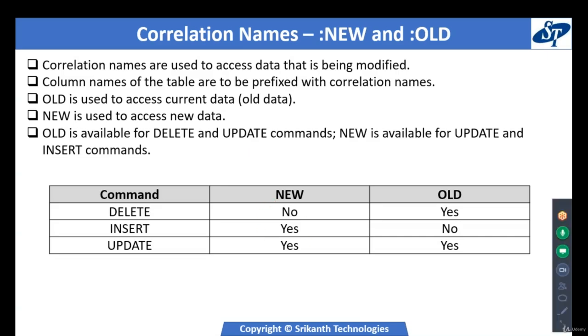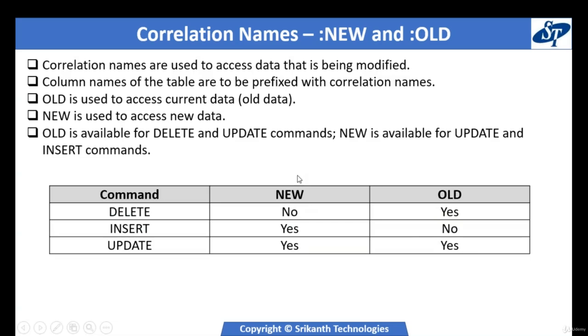New is not available if you are dealing with delete, because while you're deleting, there is no new data. Similarly, when you're inserting a new row, there is no old data. That means only for update, we have both new and old, because we have the old data and we have the new data, which is replacing old data.